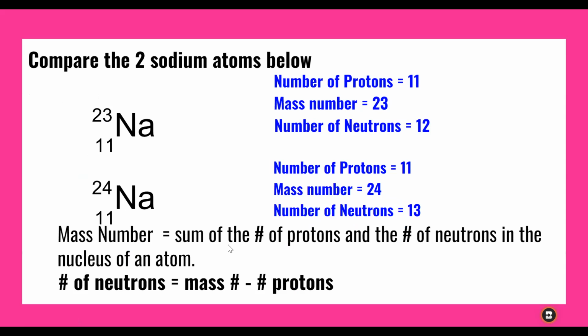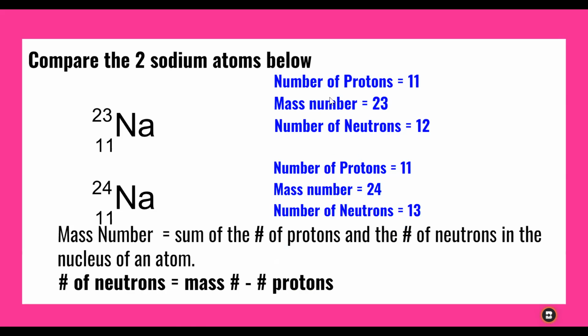We know the mass number is the sum of the protons and the number of neutrons. So if the sum of these gives you the mass number, then how do we figure out the number of neutrons? We can figure out the number of neutrons by using the mass number minus the number of protons.